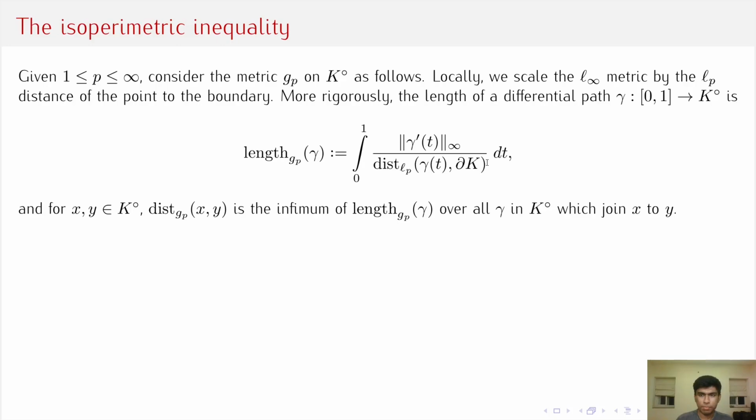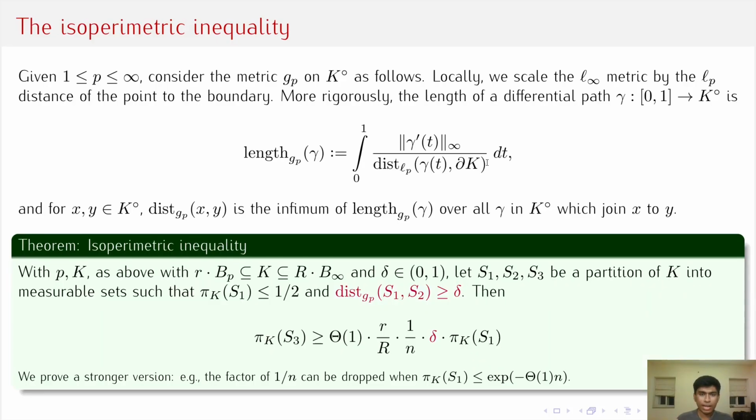And then we define the overall GP metric as the infimum over all paths. Now our isoperimetric inequality looks something like this, and what it says is that if you partition your convex body K into 3 sets, such that 2 of the sets, S1 and S2, are somewhat far apart in this metric, then in fact the remaining part of the partition, S3, also has significant volume.